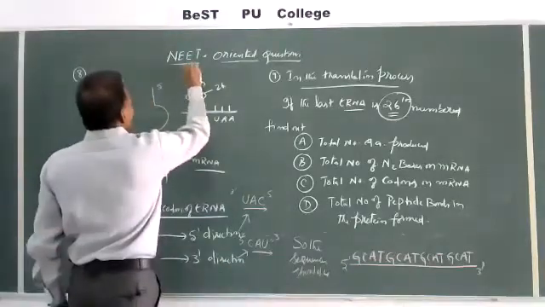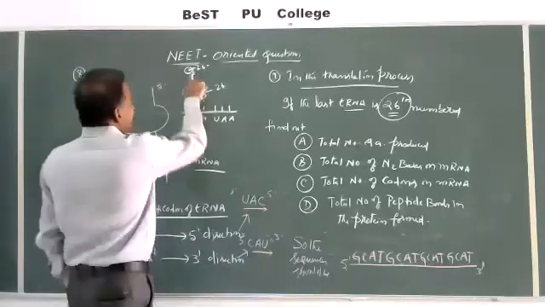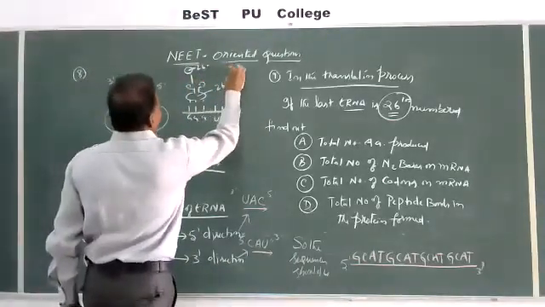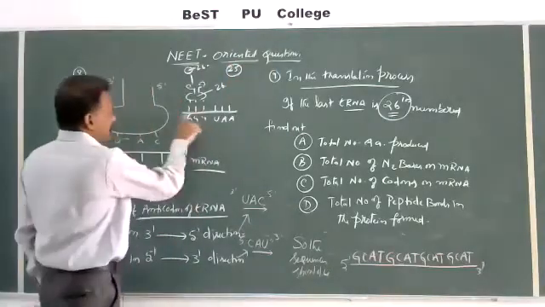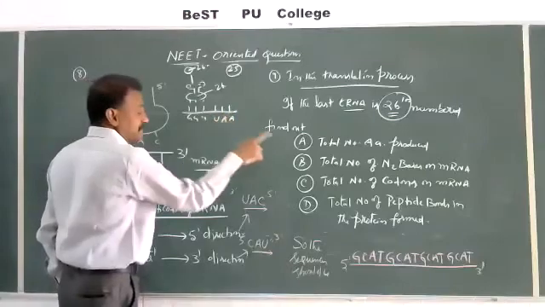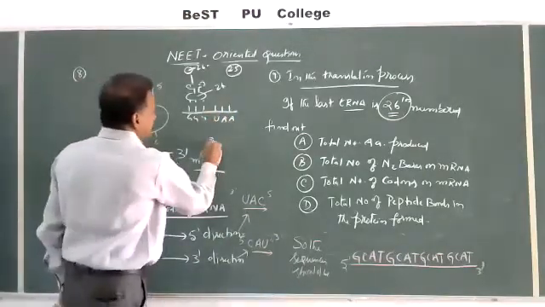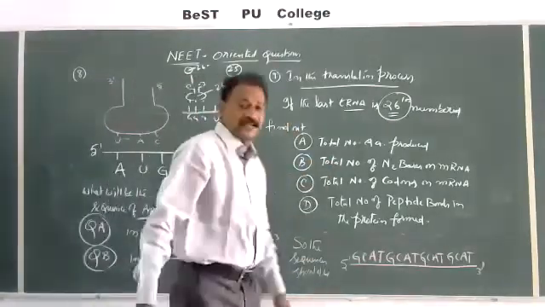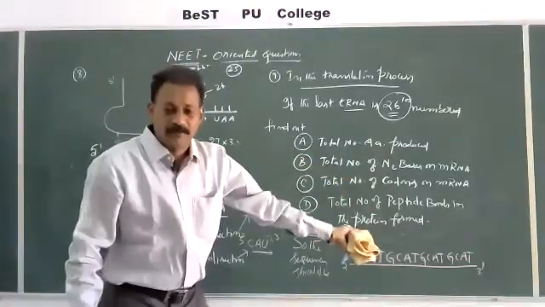So how many amino acids? 26 amino acids. Total number of amino acids minus 1, n minus 1, 26 minus 1, 25 peptide bonds. Total 26 codons plus 1 codon, 27 codons. 27 into 3. Total number of nucleotides, total number of nucleotides into 2 DNA molecule.